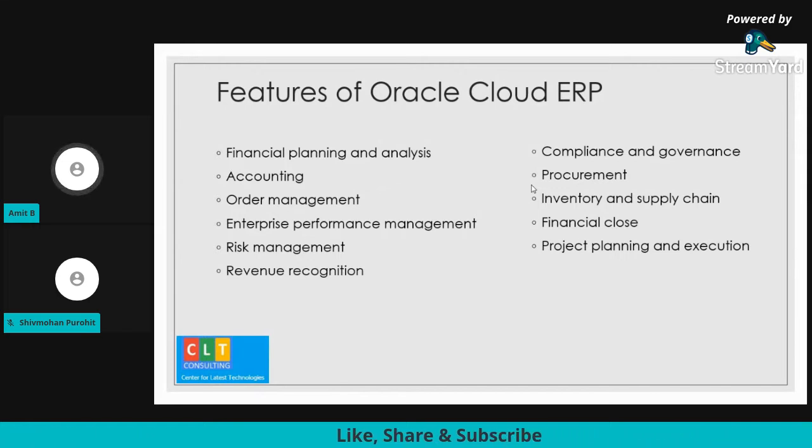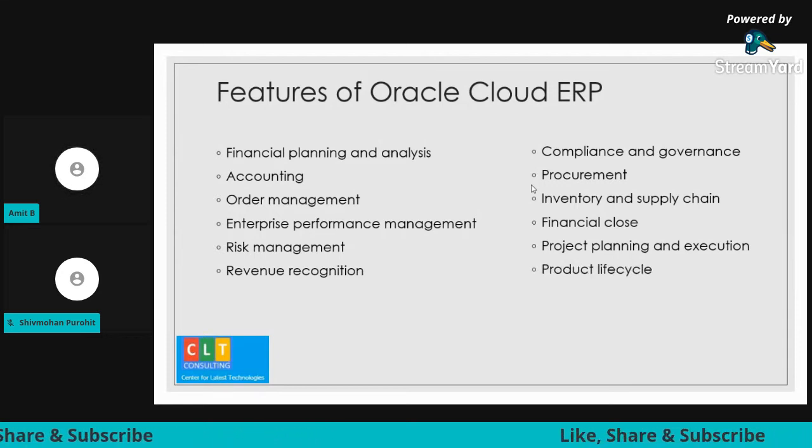You can have your ERP for that purpose also. If you are a product development company, you could have a defined product life cycle from the initiation until the delivery of that product. So these are all common features of Oracle Cloud ERP.